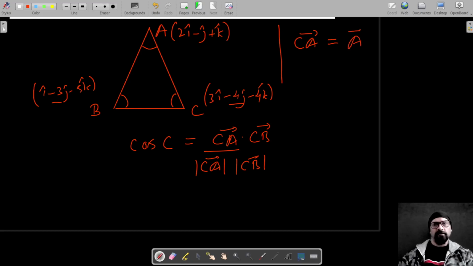CA would be position vector A minus position vector C. So CA is 2 minus 3 is negative I cap, minus of minus 3 is plus 3 J cap, and this is plus K cap.